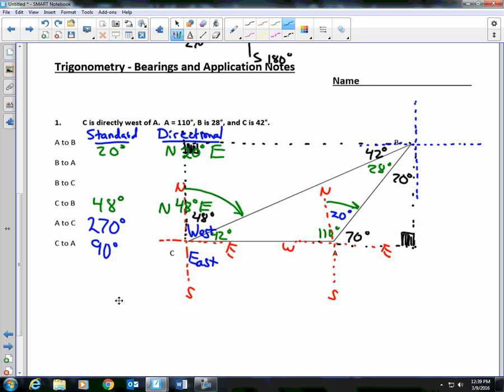Somebody describe for me the direction of travel to get from B to A. South, west. How many degrees west of south do you turn to get to A? 20 degrees. Give me a numerical value for south. 180. If I turn 20 past 180, that would bring me to 200.